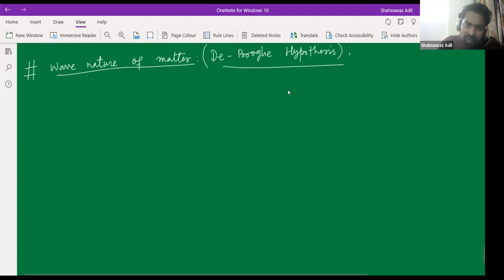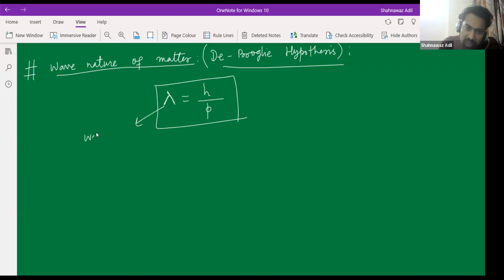And from this hypothesis, he told that the wavelength of matter would be related by h by p, right? So this shows the wave nature of matter, and momentum is the particle nature.